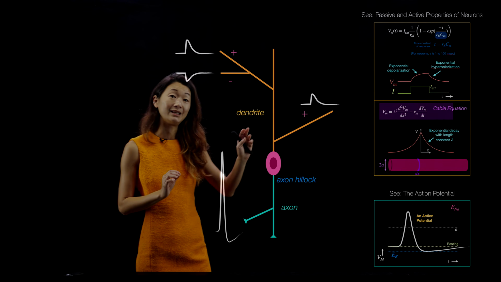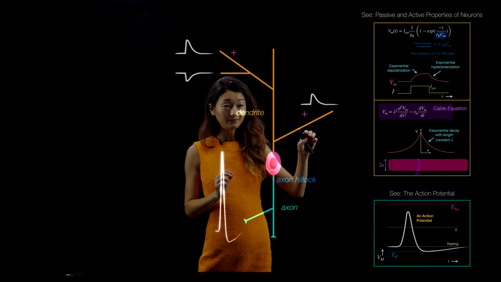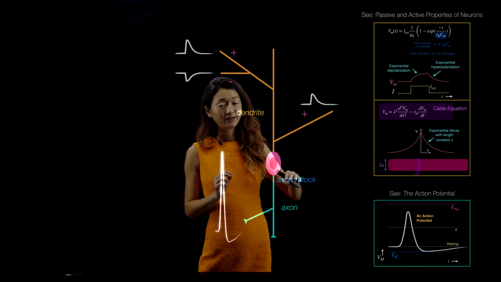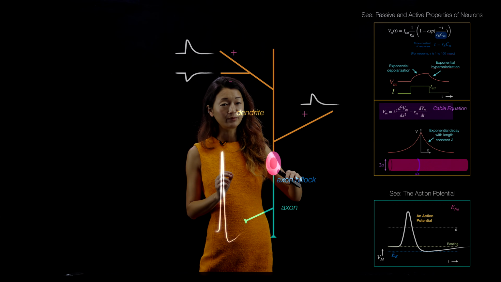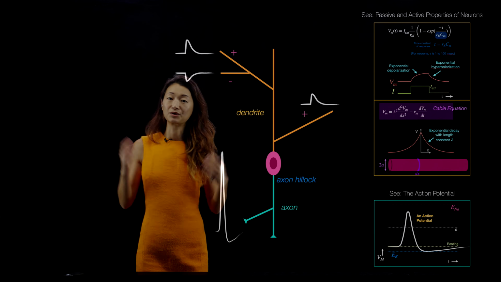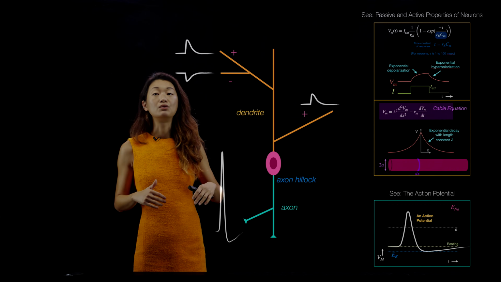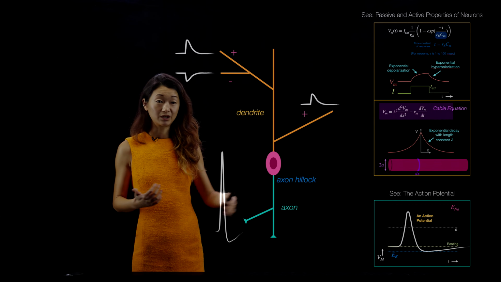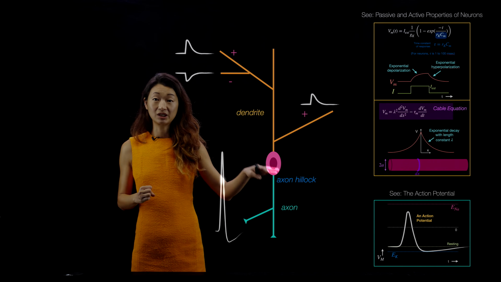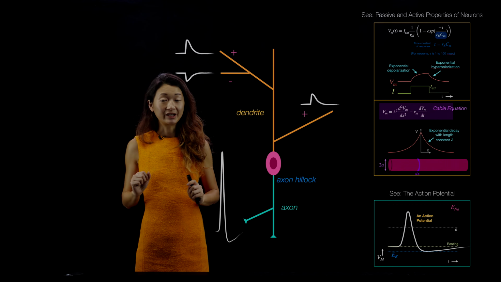But if you had a really big depolarization and it's kind of close to the cell body, then maybe the version of that depolarization that propagated all the way down to the axon hillock will be large enough, maybe when combined with a couple of other ones that also happen at the same time, to actually pass some kind of threshold to trigger the voltage-gated sodium channels at the axon hillock, thus generating the feedback loops to initiate an action potential.